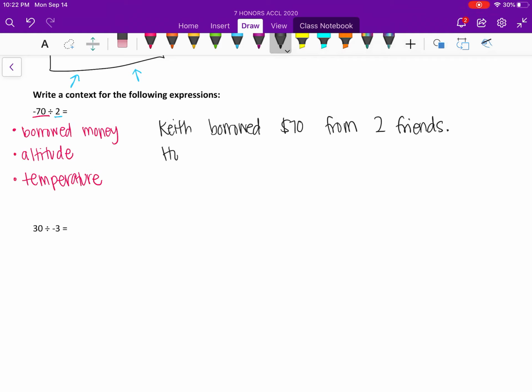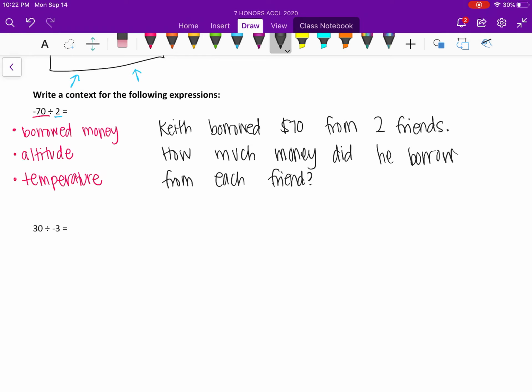Okay, assuming that he borrowed an equal amount of money, how much money did he borrow from each friend? Ta-da! That's pretty easy.